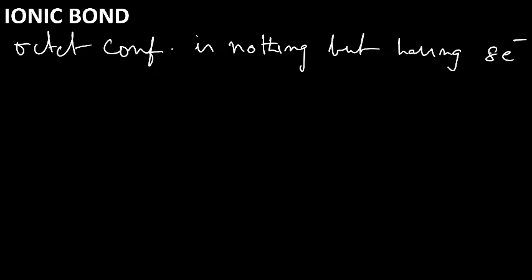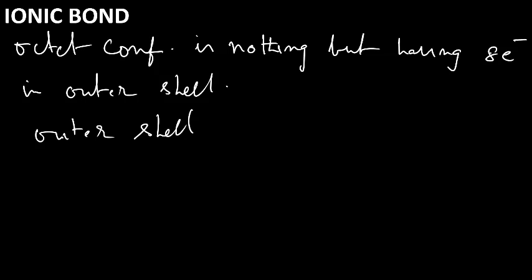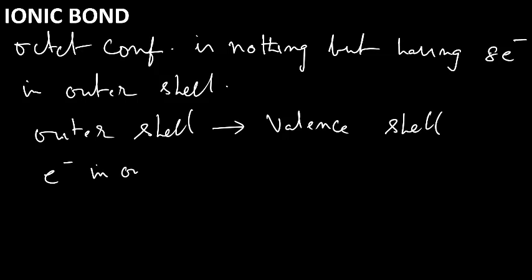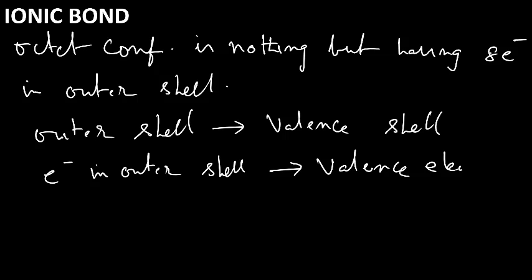The outer shell is also called the valence shell. Therefore, electrons present in the outer shell are called valence electrons.